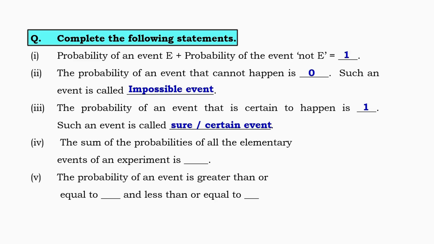So if we add the probabilities of all elementary events, we will always get the value 1. The probability of an event is greater than or equal to, and less than or equal to. You already know that the range of probability is always between 0 and 1. So the probability is greater than or equal to 0 and less than or equal to 1.